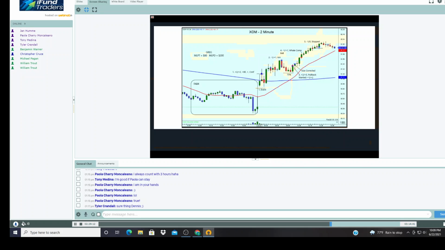You could fit the 8 or 13, one of the two. I think the 8 will probably have worked here, but I'm not sure. Sometimes that can turn out quite different. So if it's not the 8, then you use the 13. As long as you have this room, you need this room here, right? You cannot have the moving average touch the bars, really. That's not good. You need a little room there so the stock can move.